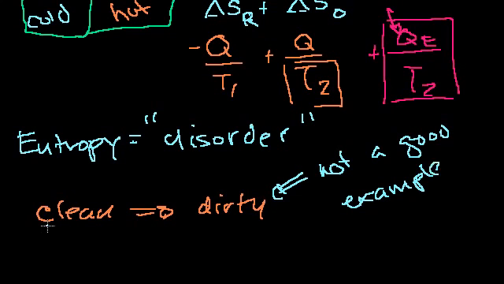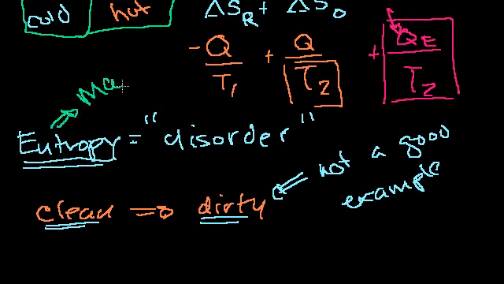Because clean and dirty are just states of the room. Remember, entropy is a macro state variable. It's something you use to describe a system where you're not in the mood to sit there and tell me what exactly every particle is doing. And this is a macro variable that actually tells me how much time it would take for me to tell you what every particle is doing.